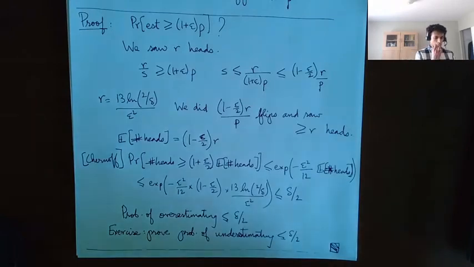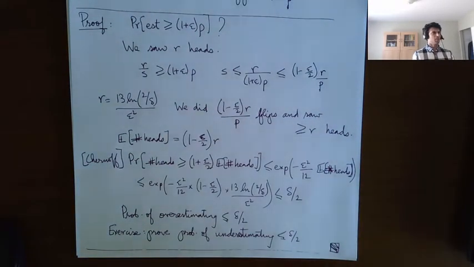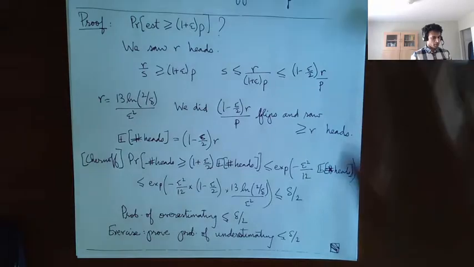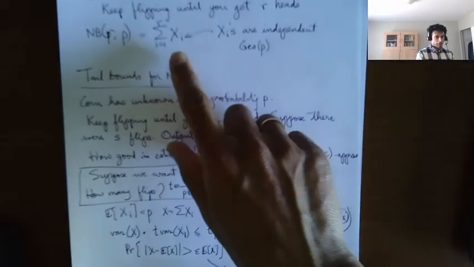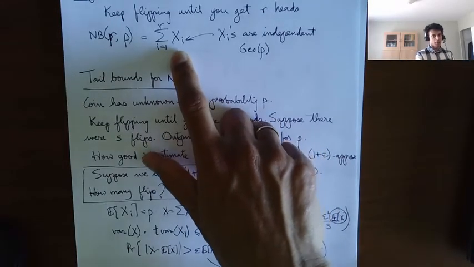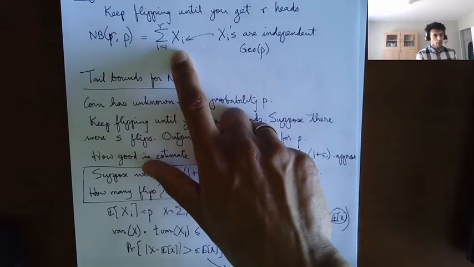It's actually funny that if you Google, which I did, for tail bounds of negative binomials, you actually get very little. What I got was a PDF by a researcher, written maybe about 4 or 5 years ago, fairly recent, about the pain of finding tail bounds for the negative binomial. He said that if you try to apply direct tail bounds by writing it as a sum of independent geometric random variables, you go through a lot of pain because these are unbounded.